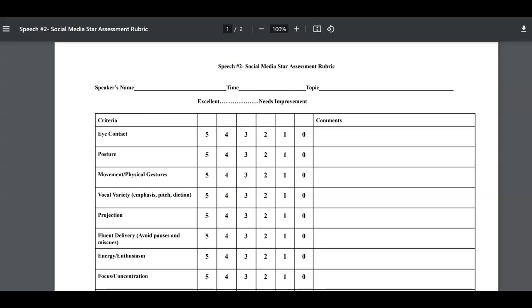So for your posture, you want to be upright. You don't want to be sitting in a bed or in a chair where you have a tendency to slump. Sit more upright with your back straight, or stand, which is what I would recommend, because that really does help simulate the situation you would be in if you were giving a speech in a class.